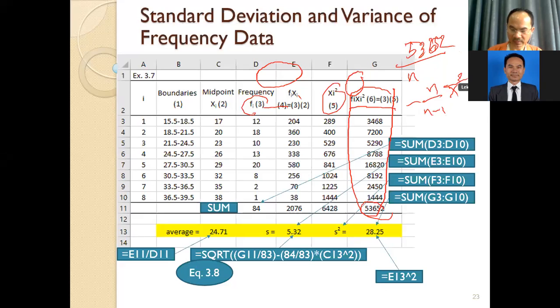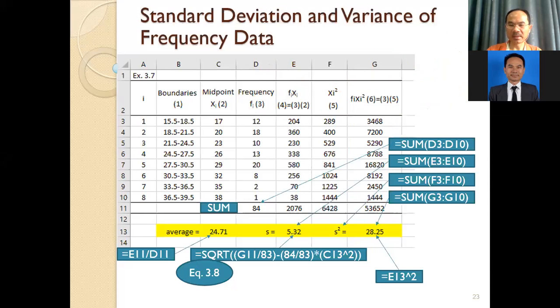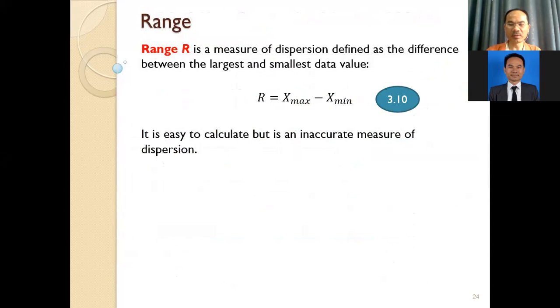Take the square root, and you get the standard deviation. You get this value. And then you can calculate this by the frequency data or individual data.